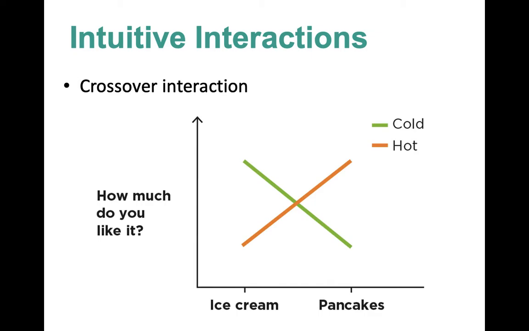It's not ice cream anymore. So really, we can't say that we have an overall preference for food that's being served hot or cold. The effect of temperature on our liking depends on the type of food. The effect of how the food is served, cold or hot, depends on the type of food.